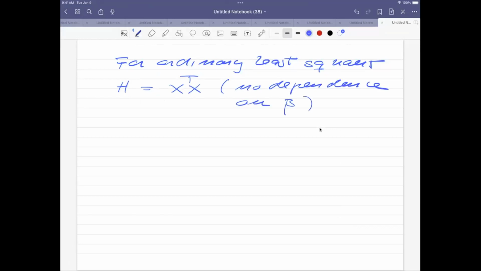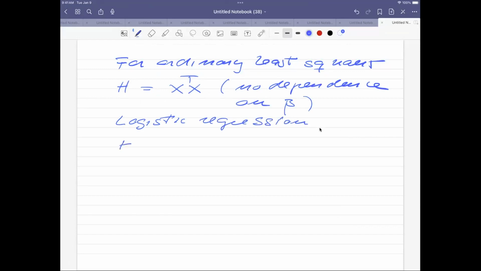So I could actually diagonalize this one before I start iterating. If I do logistic regression, this is not the case. And then I would have to diagonalize this one in every single iteration.